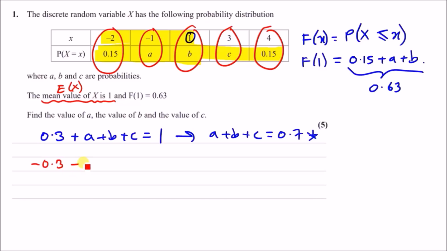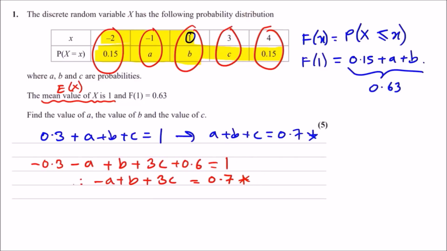The next one is 1 times b, which is b, 3 times c is 3c, and 4 times 0.15 is 0.6. All of that equals 1. Just like the probability one, put all the a, b, c on the left side and collect the numbers on the right side. Minus 0.3 plus 0.6 is plus 0.3, and 1 minus that gives us 0.7. So we're left with minus a plus b plus 3c equals 0.7. This is equation number 2.